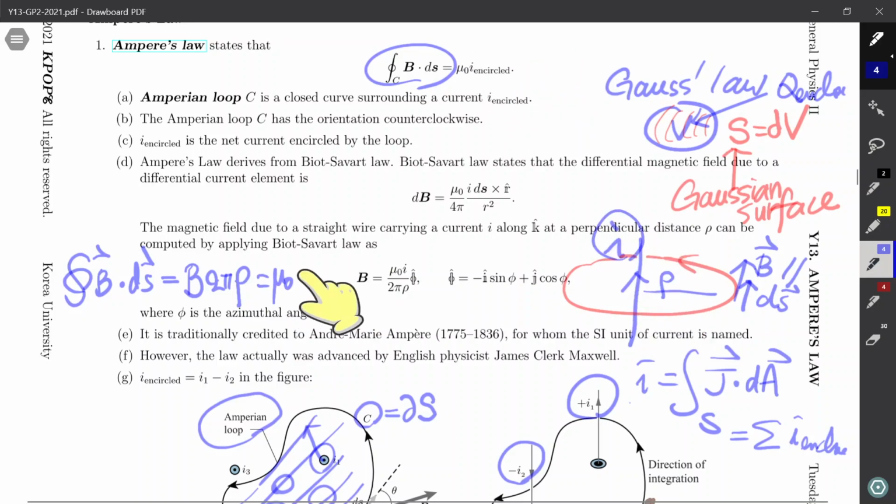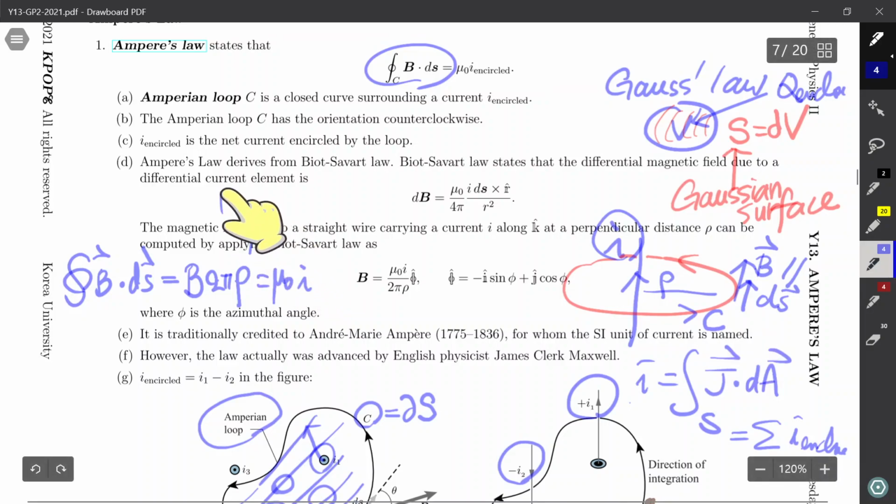This is the current enclosed by this Amperian loop. Then the magnetic field B magnitude is mu 0 I over 2 pi rho.